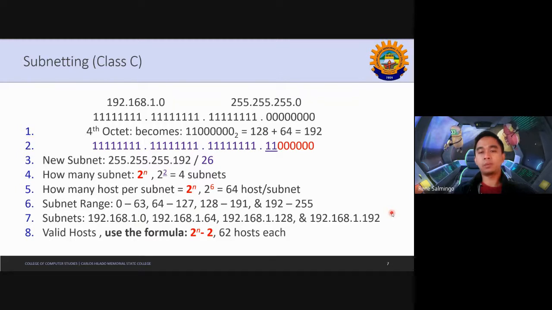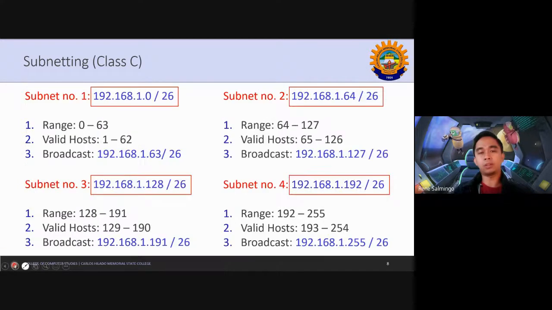In this case, we have a valid host. So what are valid hosts? Valid hosts are the usable hosts that we are able to use. Out of 64 hosts in a subnet, we could use 62. Why? Because, as you can see on the next slide, the first value is considered for your network ID, and the last value is the broadcast.